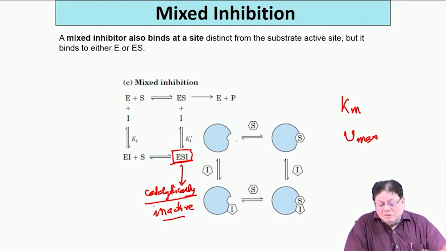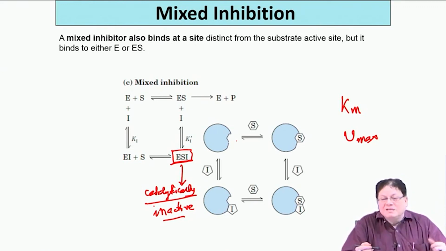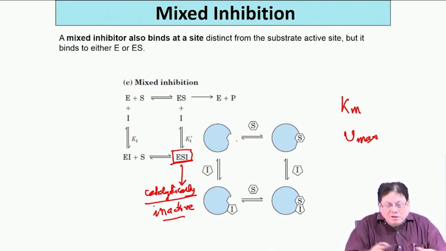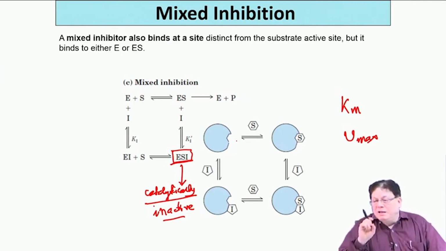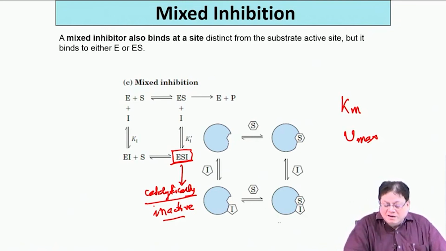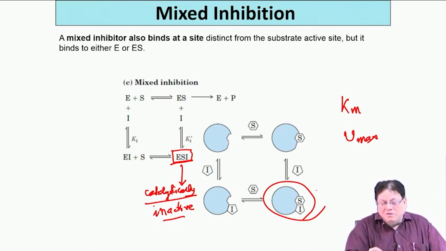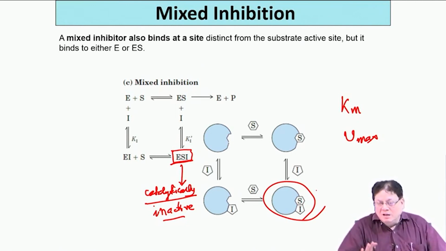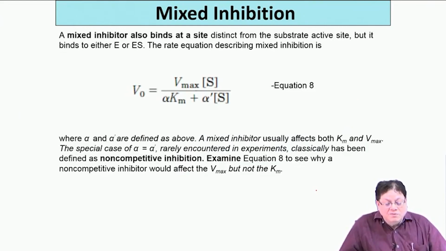So, Km should remain the same, because both bindings are independent of each other. But your Vmax will decrease, because this is a catalytically inactive form. Some of the ES complex is converted to ESI, and that is why your Vmax will decrease, and you will see the curve.